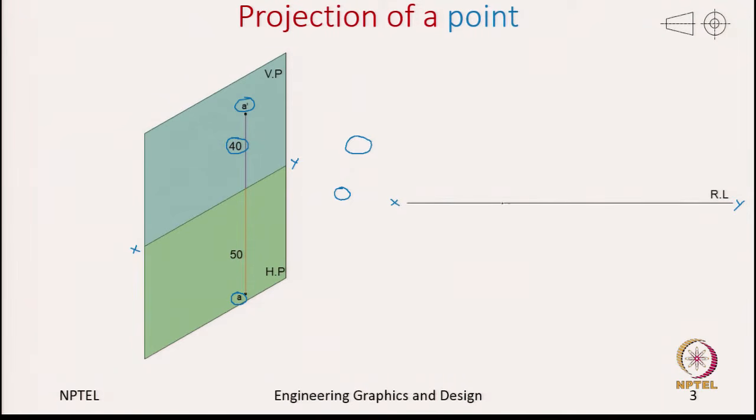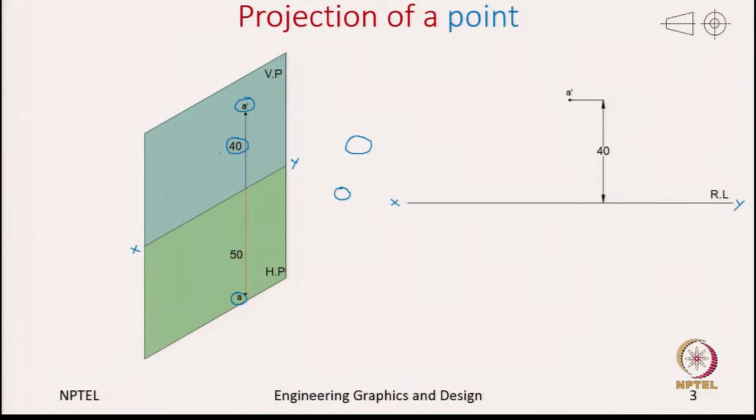So, we use a continuous narrow line. Okay. So, first let us start with the front view. Front view we said is A prime, which is 40 units above the reference line as shown in this pictorial.